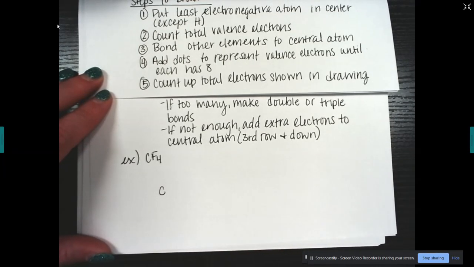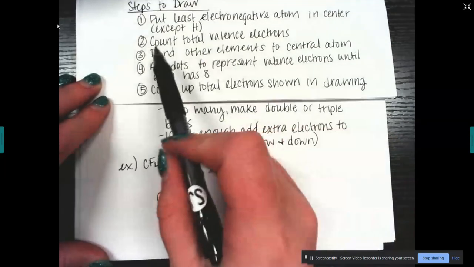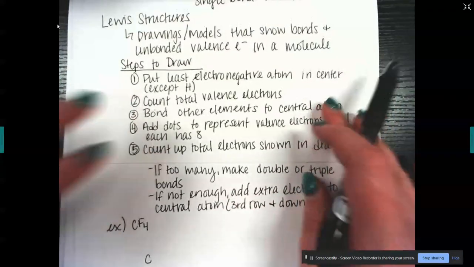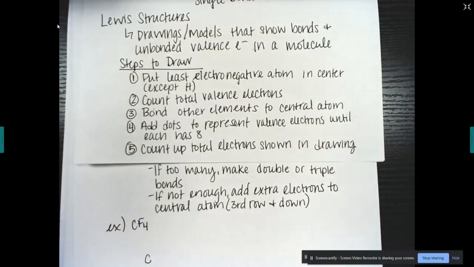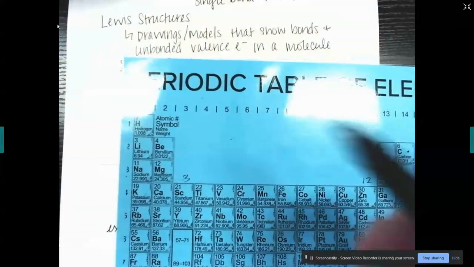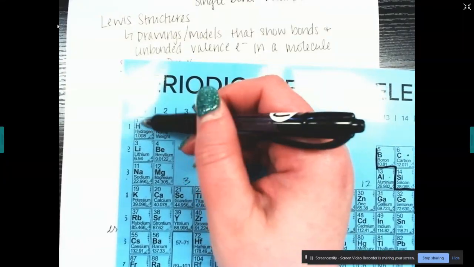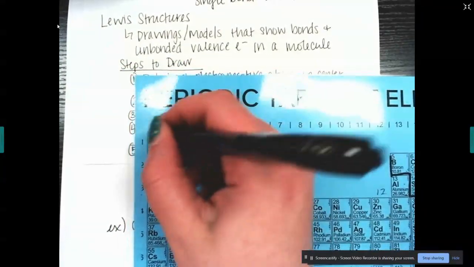Now, the next step, step 2, says to count total valence electrons. It's been a while since we did this on the periodic table because we've been doing charges for so long. But the valence electrons kind of go with the groups. How many valence electrons does group 1 have? 1.